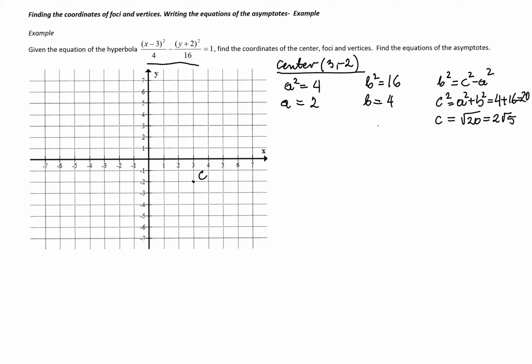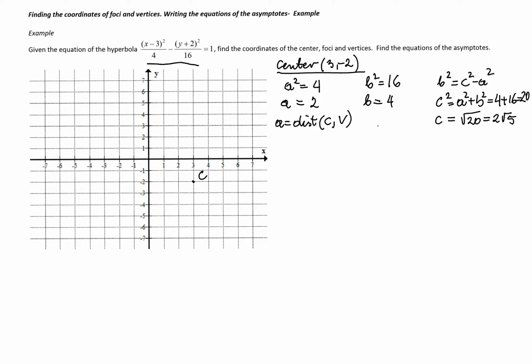Once we know the value of a, we know the distance between the center and a vertex. So we can plot those points, vertices, in the coordinate system. We know that the vertices are on the line parallel to the x-axis.